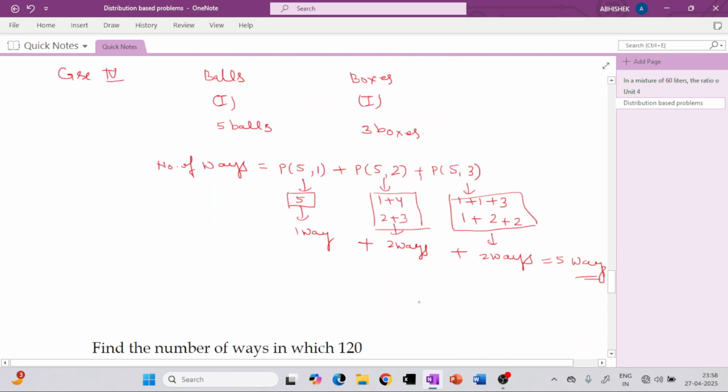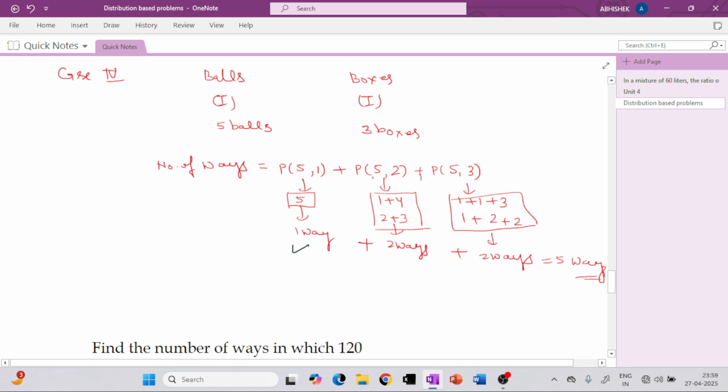Now case 4. When identical balls are to be arranged in identical boxes, we just have to do the partitions. With 3 identical boxes, when all the 5 balls are kept in only one box, that is 500, it can be done in only one way because boxes are identical.